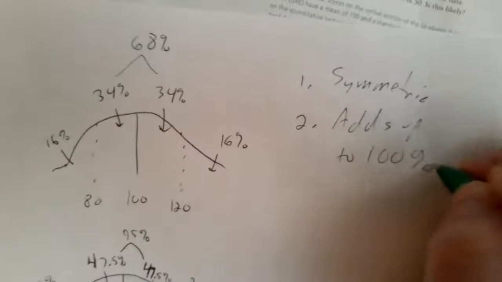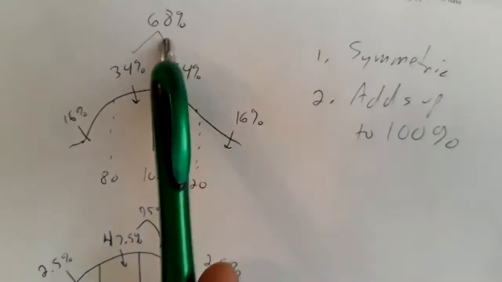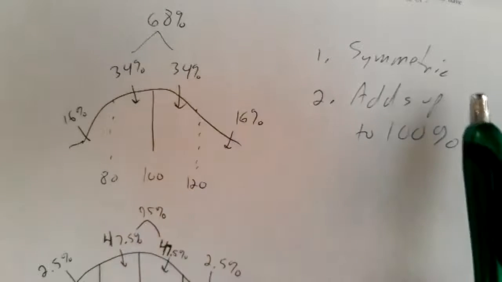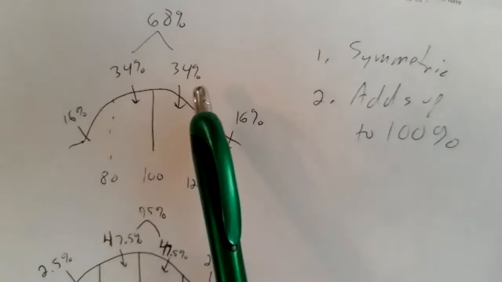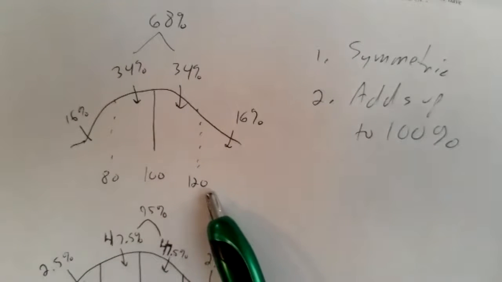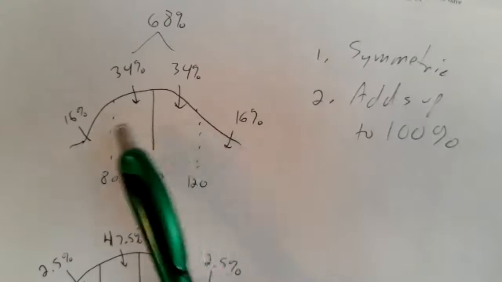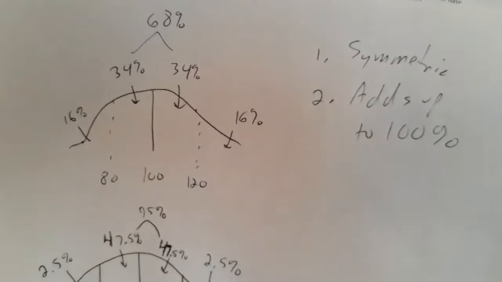we're adding up to 100%, right? In order to get this 34 and 34, I'm using the fact that it's symmetric. This is the 68% going from here to here. It's 34 in each of these little quadrants, I guess I could call them, right? There are 4 sections.